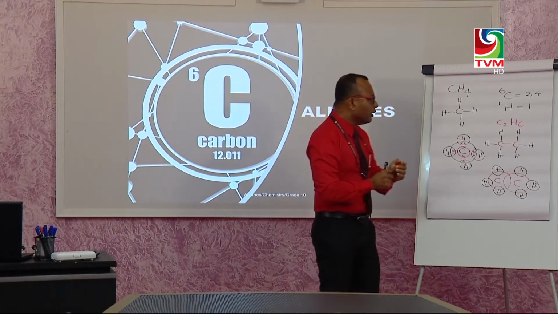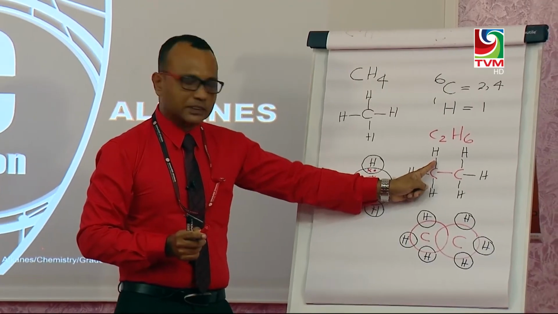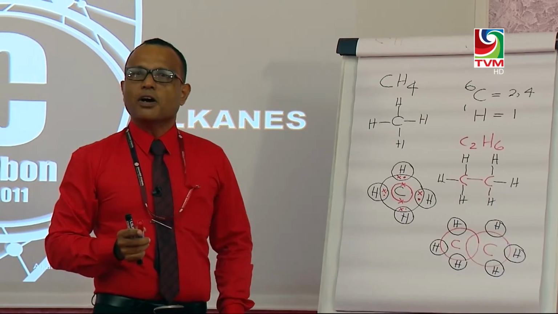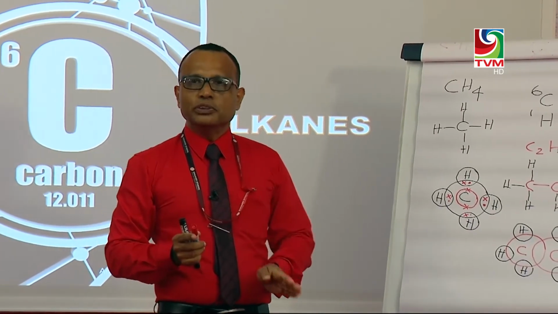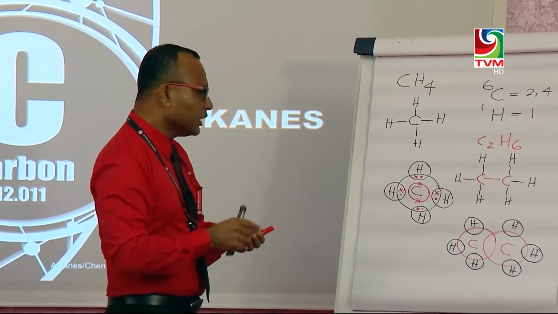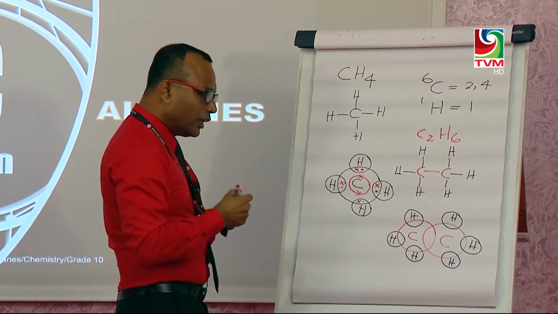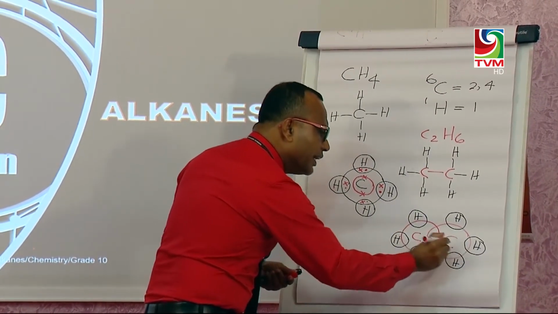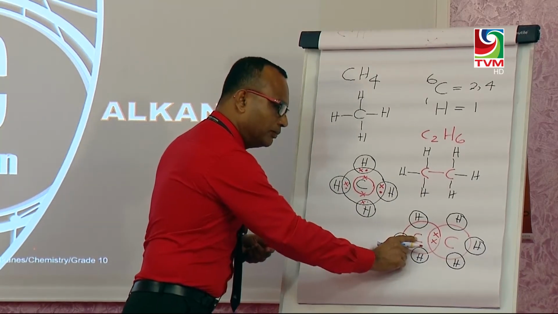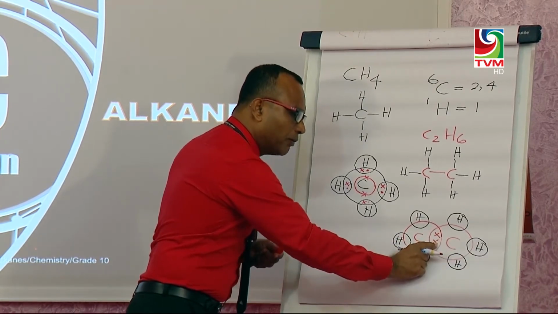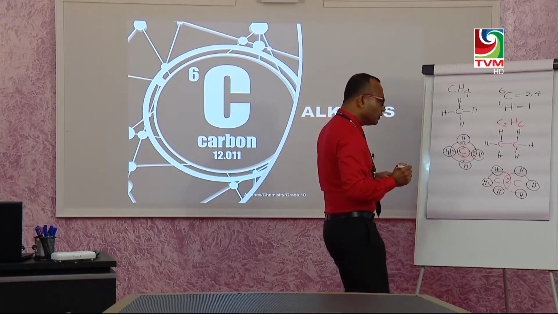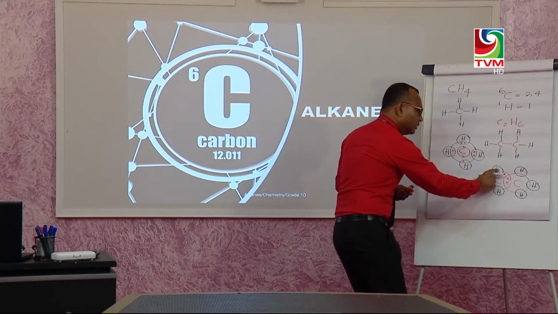Now 2 facts we need to remember. Each single bond consists of 2 electrons, and use the same symbol to represent electrons of like atoms and a different symbol to represent electrons of unlike atoms. I will draw the electrons of carbon. Carbon is a like atom, so I draw 2 crosses, 1 electron from this carbon, 1 electron from the other carbon. Now I am going to draw electrons between carbon and hydrogen, which are different.